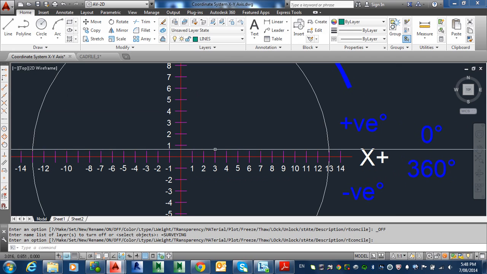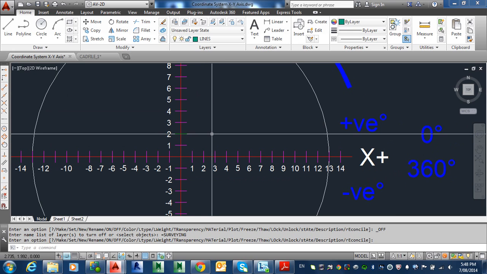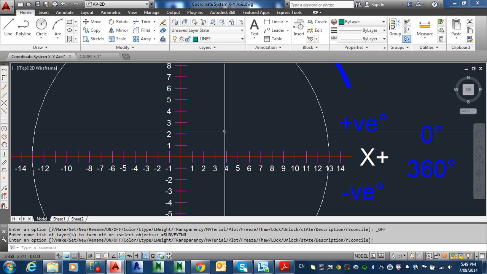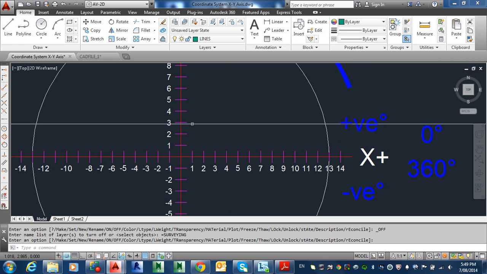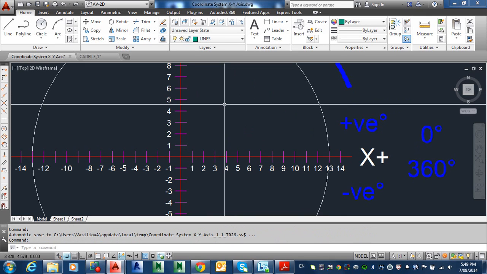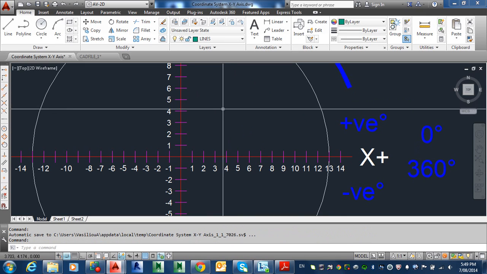So if I was to go to a unique location in my world coordinate system, which is the default system that we have, an absolute coordinate would be, for example, something like 4,5. Okay, 4 in the X and 5 in the Y. That's an absolute coordinate relating back to 0,0. All right.